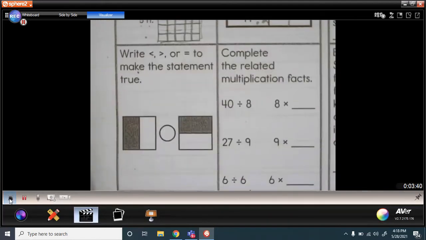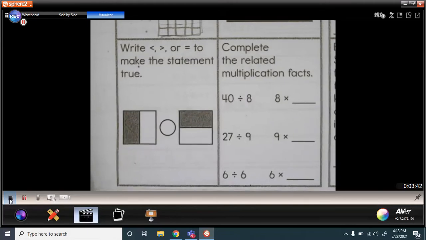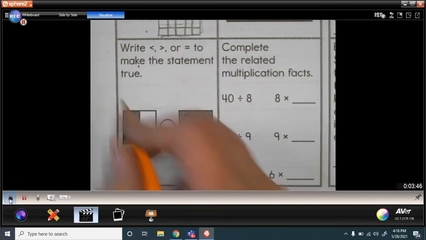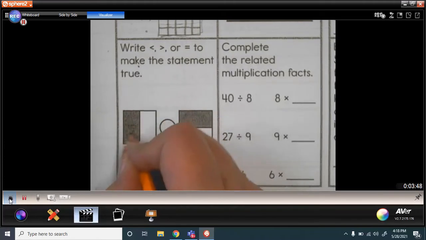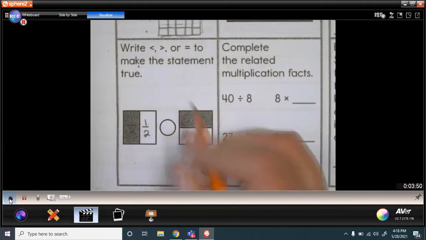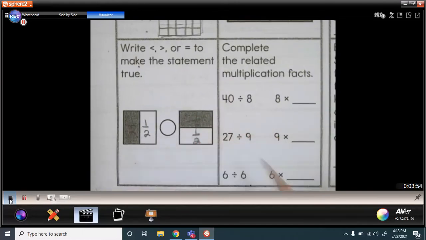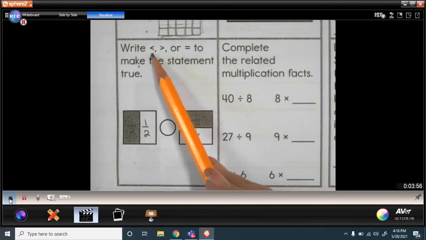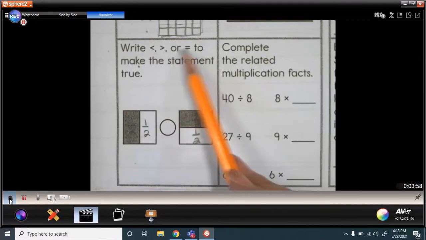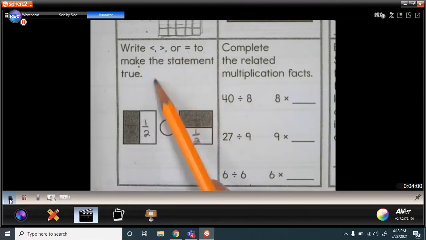All right, now let's take a look at our next problem. It's a fraction, and we're comparing the 2 wholes. Remember, these are halves. So this is a half, and this is a half. This is 1/2. This is 1/2. Now, they're asking us to write less than, greater than, or equal to make this statement true.